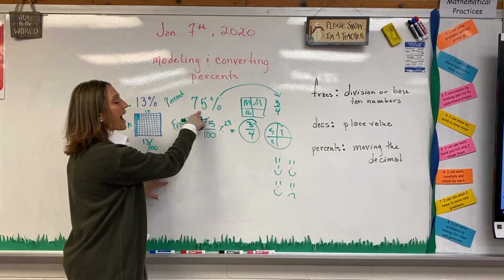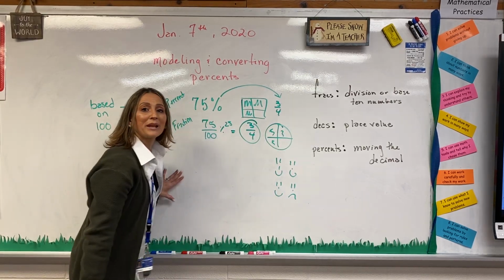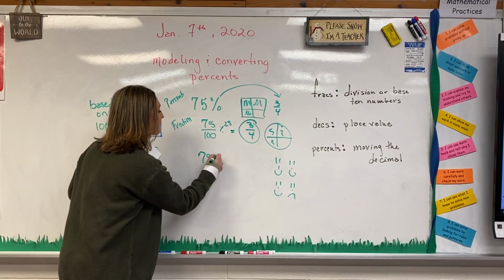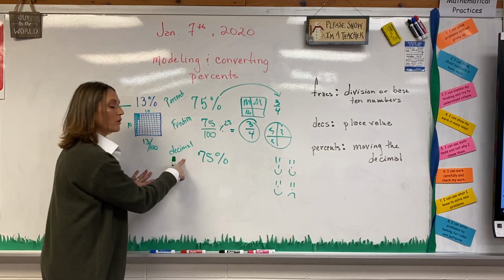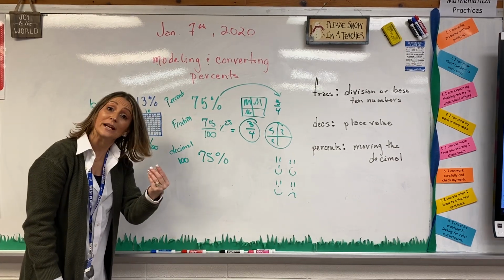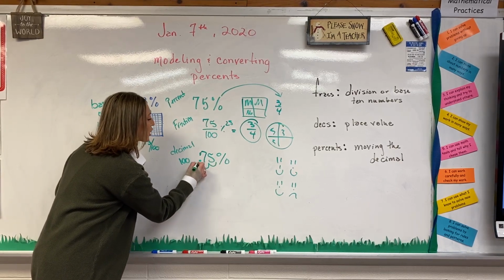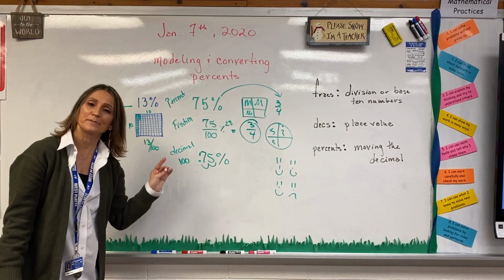If this is 75 hundredths, when I look at percents to decimals, I'm thinking of the place value and where I want to move. Well, if I have 75% and I want to turn it into a decimal, where's the hundredths in decimals? The decimal means that there are 2 spots behind it to get into the hundredths position.